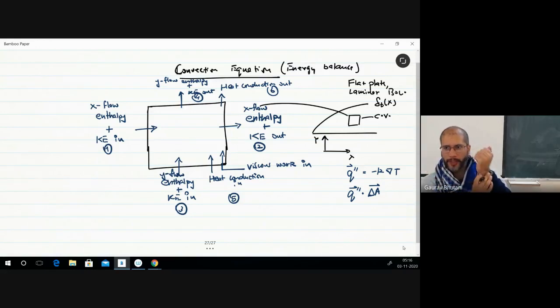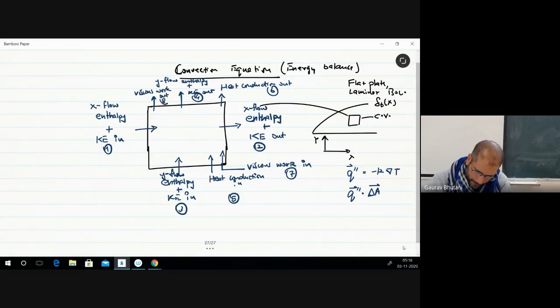So they are doing work, and this we call viscous work. This we call number 7. And then we have a viscous work out, which we call number 8.